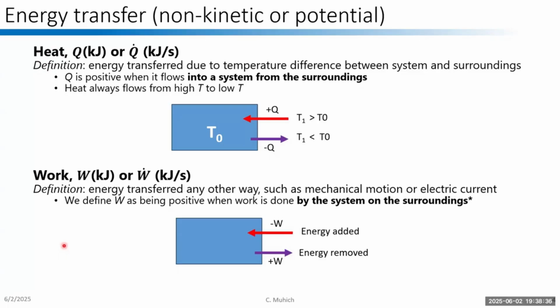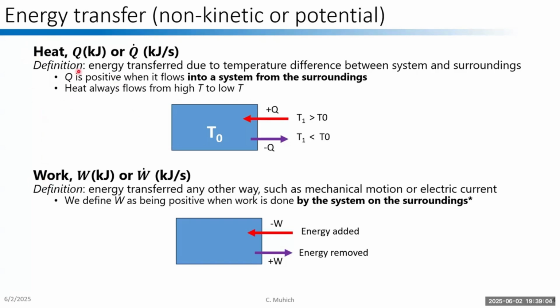Let's do some additional definitions of energy transfer, not in terms of kinetic or gravitational energy. Those hopefully you feel comfortable with from physics. To increase the kinetic energy, I speed it up. To increase the potential energy, I move it uphill. But mostly in chemical engineering, we're interested in two energy transfer mechanisms, heat and work.